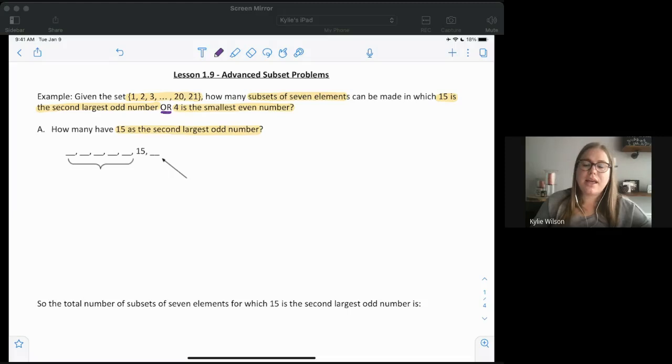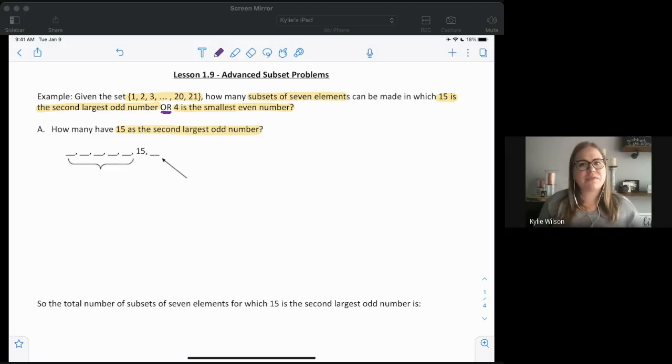Now you'll notice that we have some lines drawn here. This is just because we are trying to ensure that in our subset 15 is the second largest odd number. So we do need to consider which values are smaller than 15, and which numbers are greater than 15 and also odd.